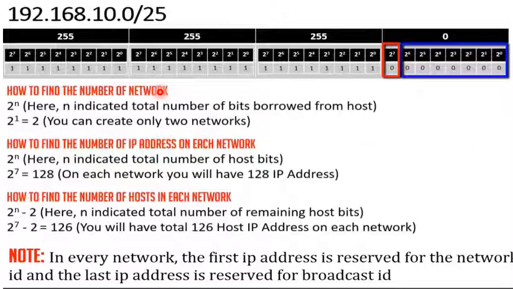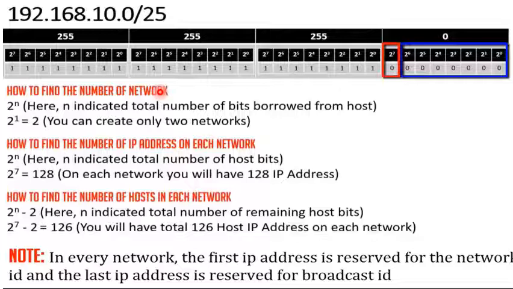From this IP address, we should find out how to find the number of networks, then the number of IP addresses on each network, then the number of hosts in each network. So these three concepts: how to find these three values from the given IP address. I use the same example here.